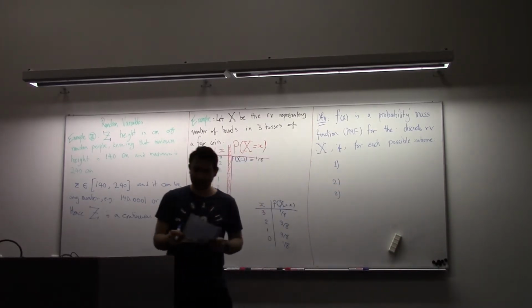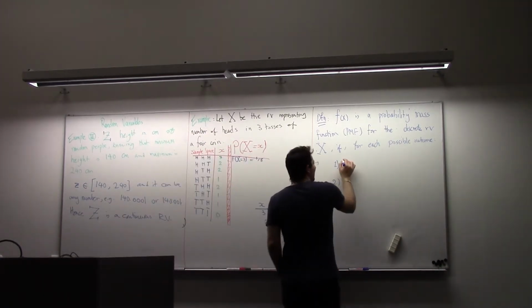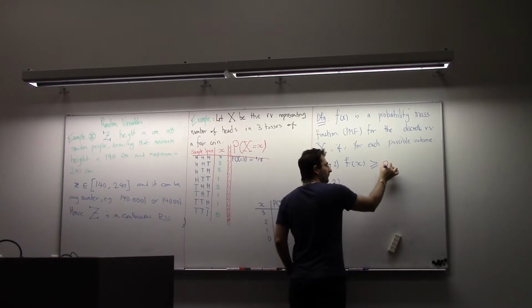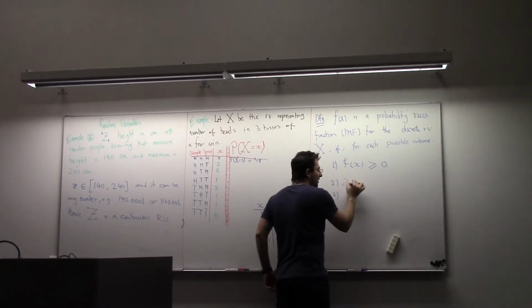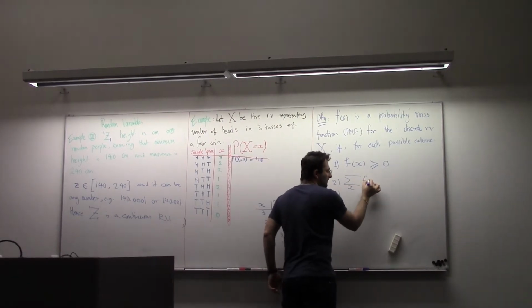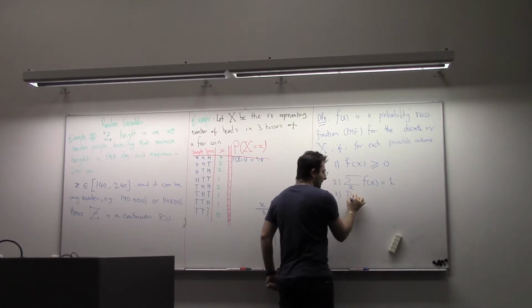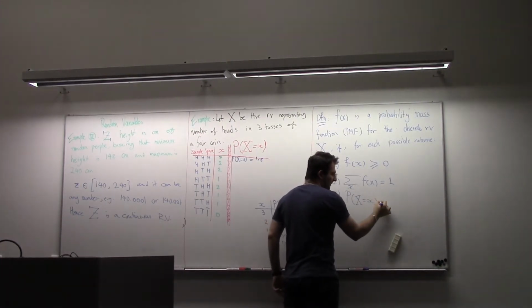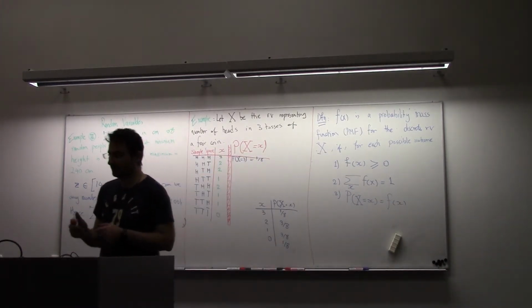The first one is that the probability should be non-negative. The sum of all the probabilities is 1, and the probability that the random variable X is equal to x is actually f of x.